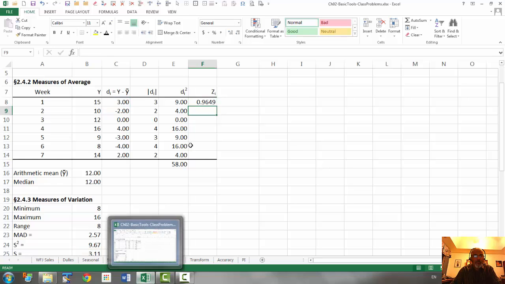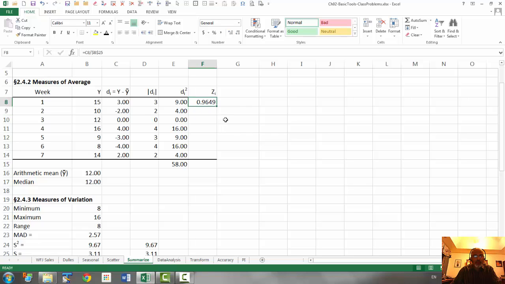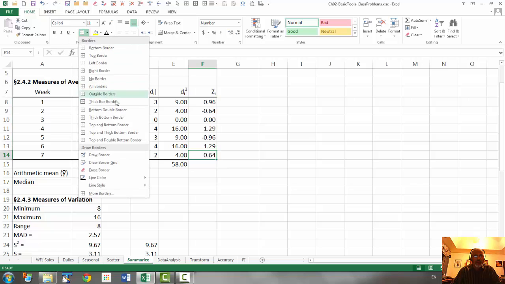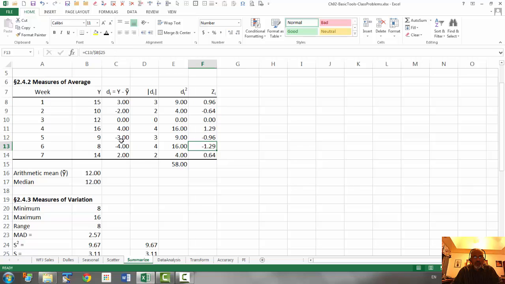So this means the number 15, the first observation, week 1, is a little less than 1 standard deviation above the arithmetic mean. And similarly here you have the rest of the values of z. This here means week 6 is 1.29 standard deviations below the mean.